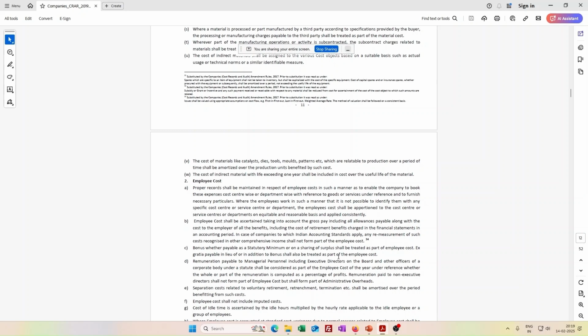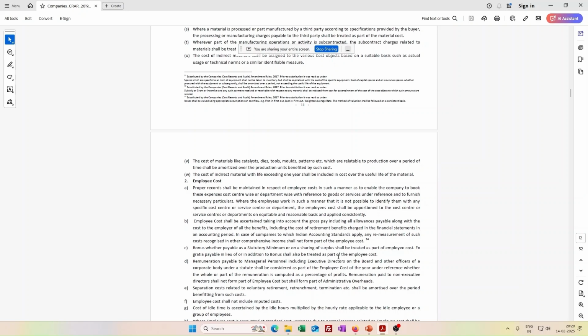Repairing cost of the civil department, cost of employees' quarter, colony maintenance, should also come under the employee cost. Because employee cost means what is actually incurred by the company for the employees. Here not only salary, plus medicine cost, hospital cost, these all come under employee cost.